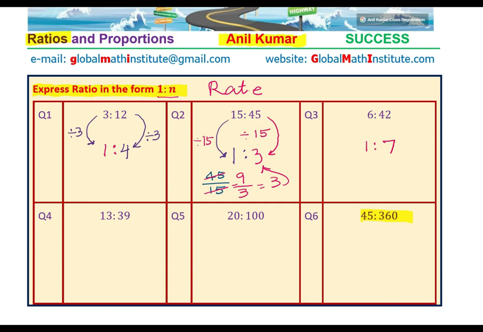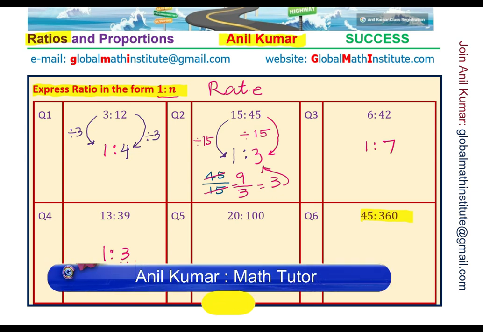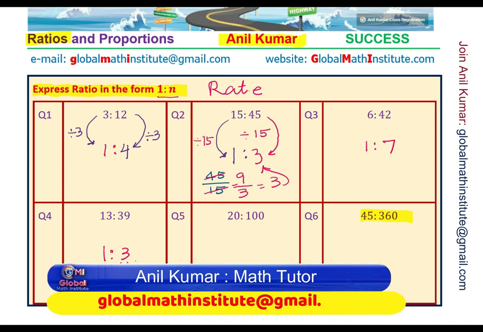Perfect. 13 to 39, we want to write this as 1 is to what? And 13 times 3 is 39. So we have used the same concept of times. Multiplication and division are similar operations, so you could think in terms of either multiplication or division.